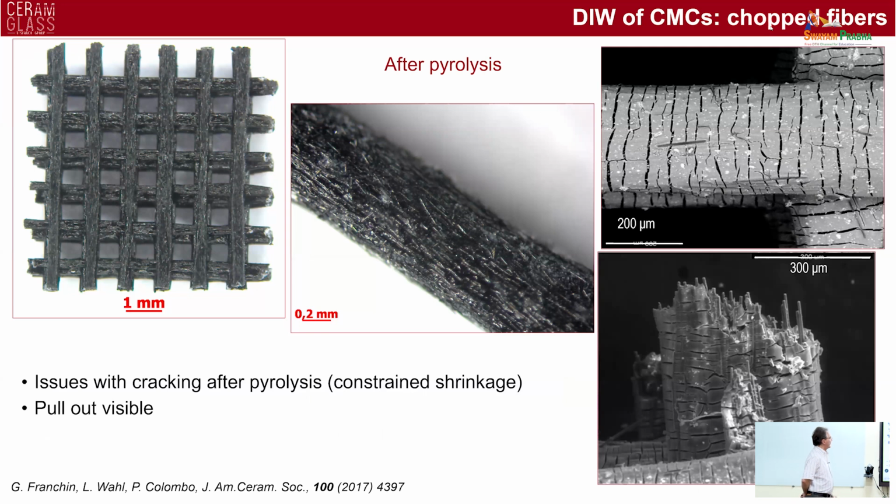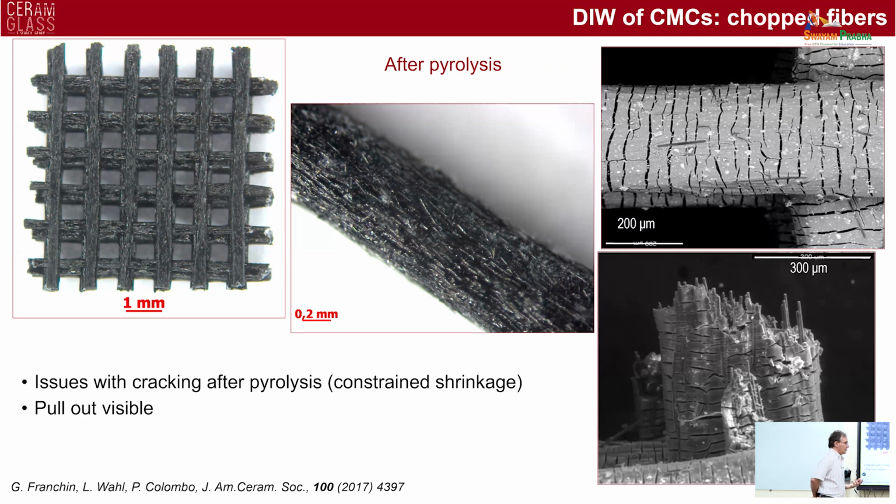After pyrolysis, what happens is that the matrix shrinks, of course, because you have the polymer to ceramic conversion, but the fibers do not shrink. And since there is some adhesion, limited but present, between the matrix and the fibers, you have hindered shrinkage. So the matrix wants to shrink, and the fibers oppose that shrinkage.